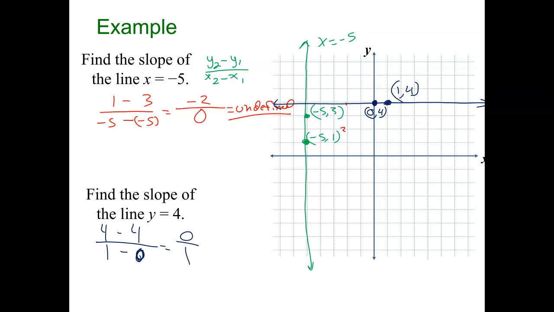What happens when I divide 0 by a number? 0. So I have a slope of 0. So horizontal lines have a slope of 0. Vertical lines have an undefined slope.